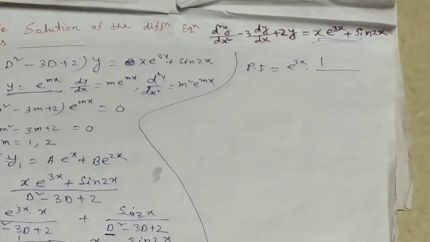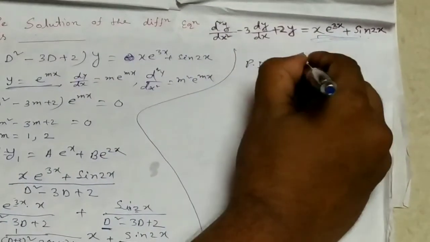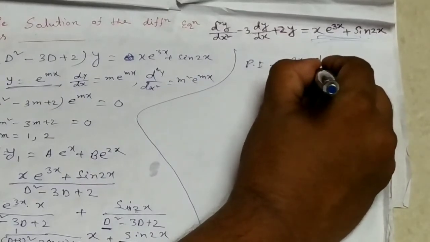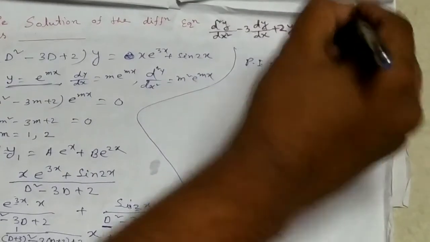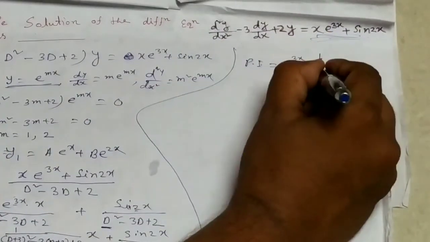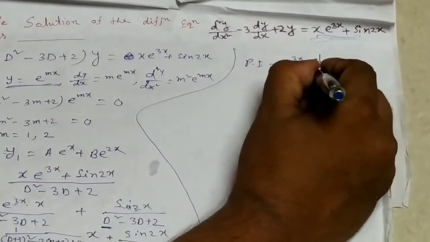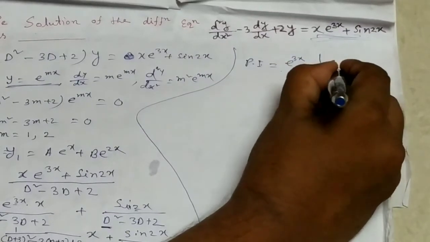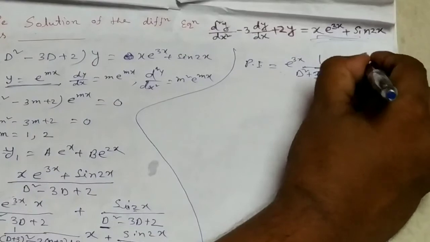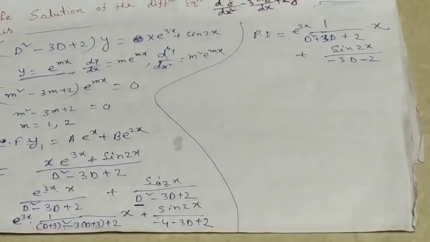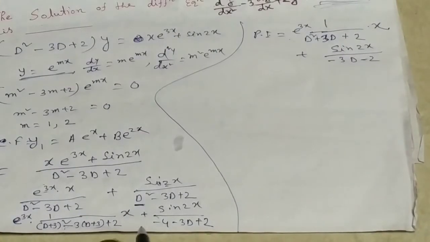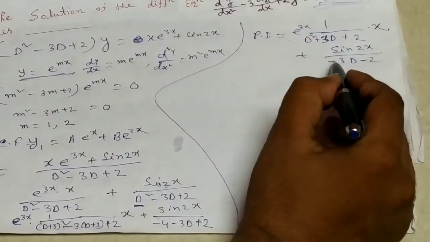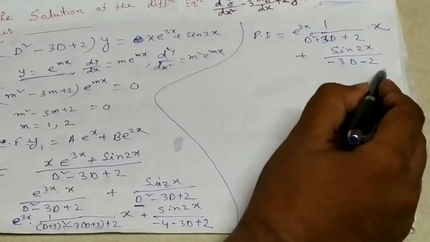If we solve this, D² + 6D + 9, and when we calculate it, we get D² + 3D + 2 into x. And for this term we get sin 2x divided by -3D - 2.